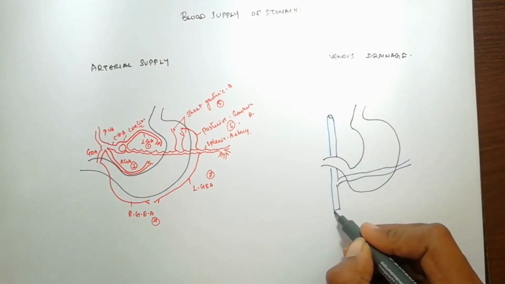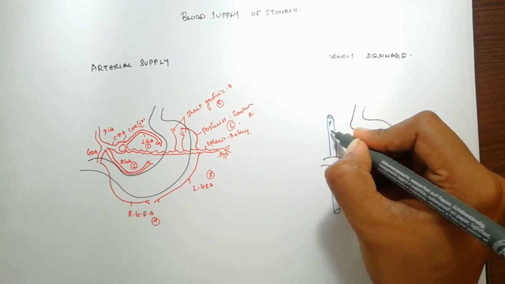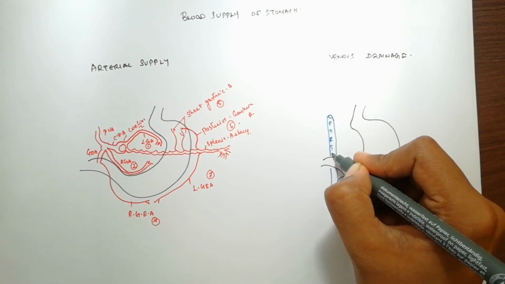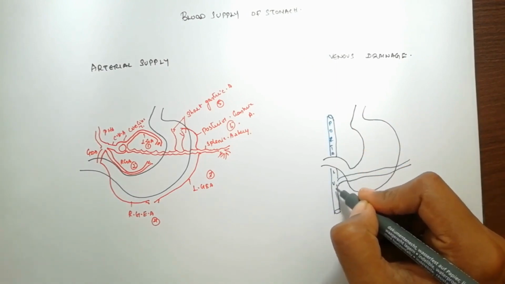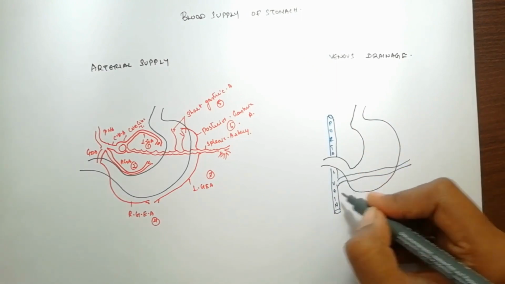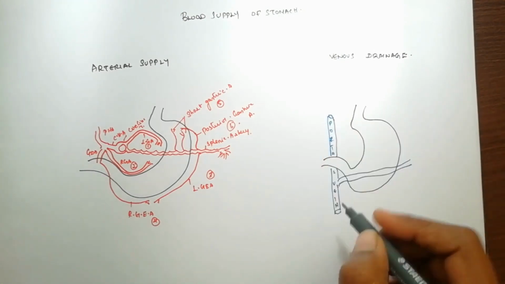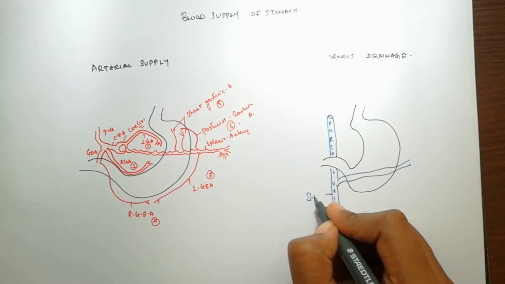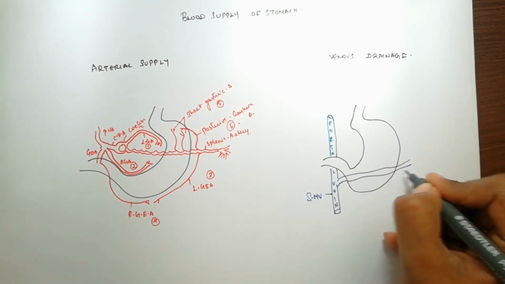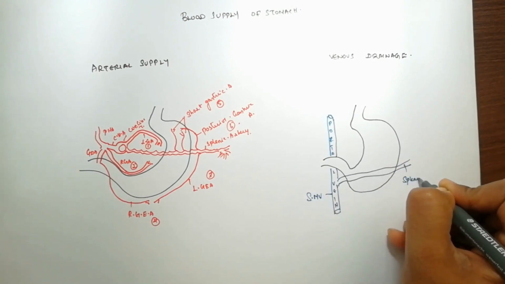So this is the portal vein. We have the portal vein which is formed by the superior mesenteric vein and the splenic vein. So this is the splenic vein.